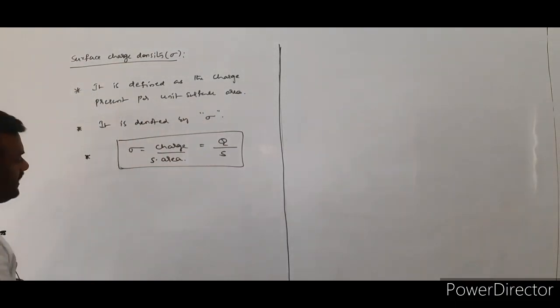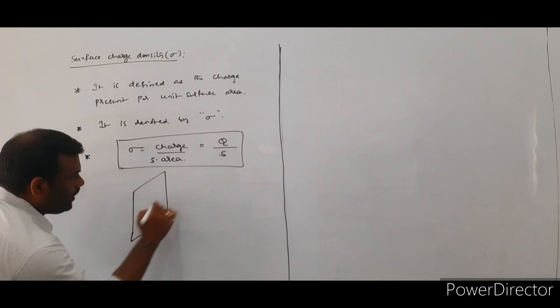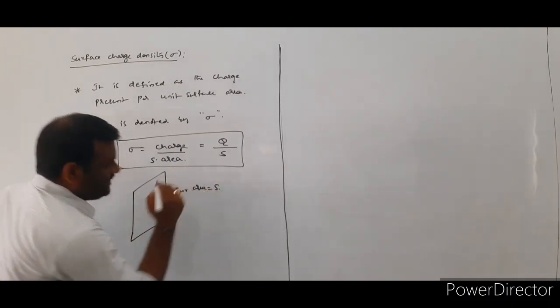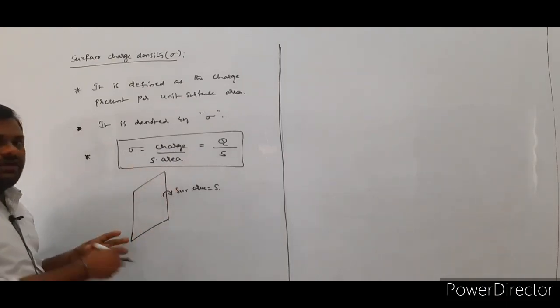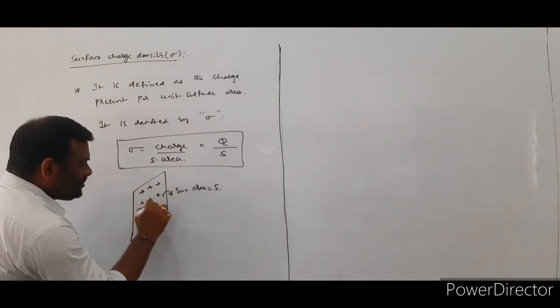Suppose here I consider a plane sheet whose surface area is S. For the given plane sheet, we provided some charge. That charge will be uniformly distributed.